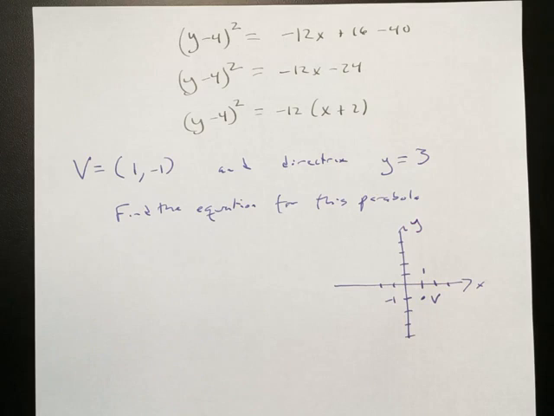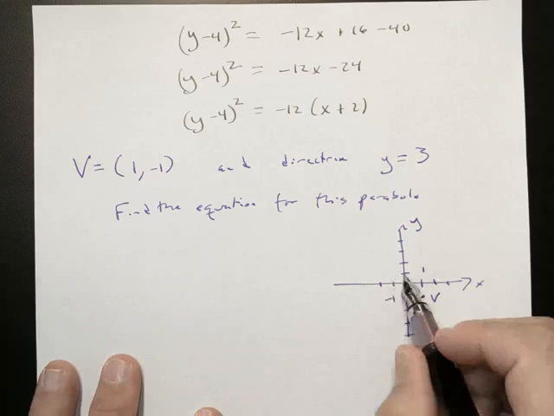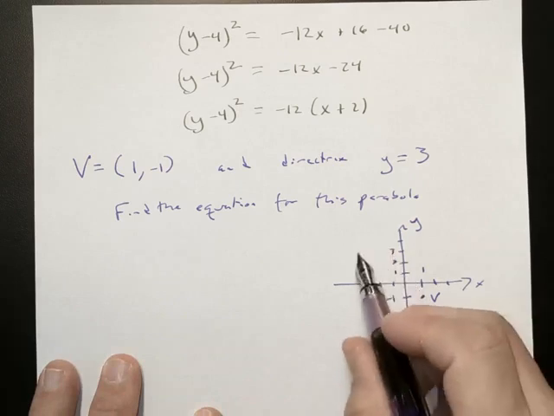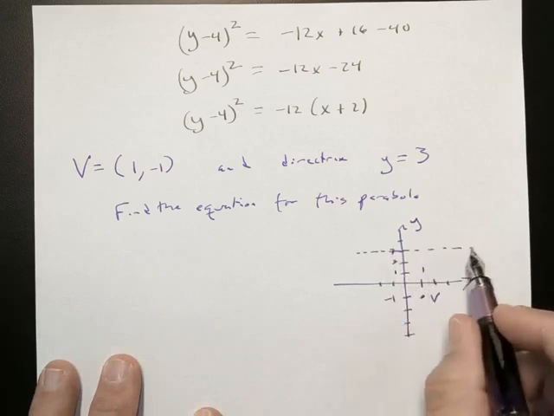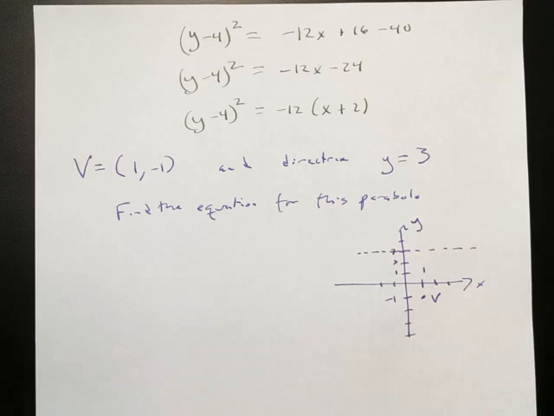What kind of a line is that? Horizontal line. By the way, this is enough. This is sufficient information, because from this, you can tell me what the value of P is. What's the value of P?